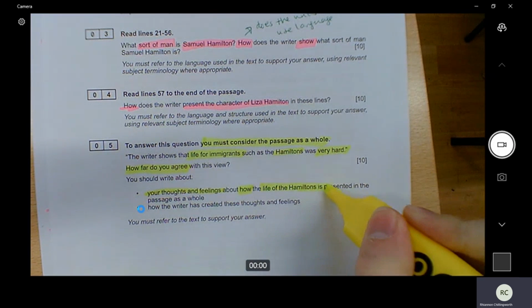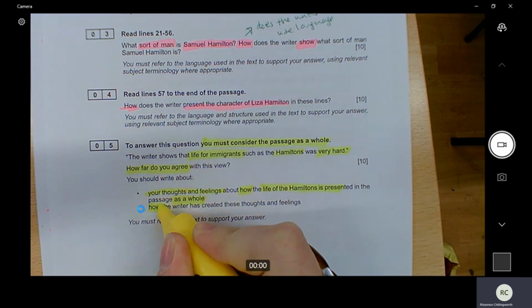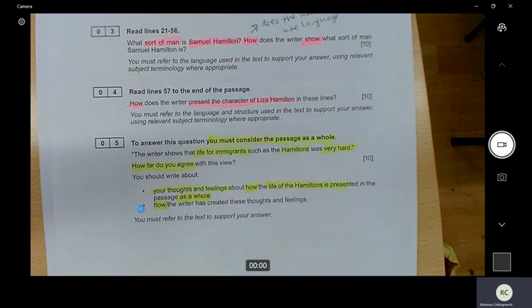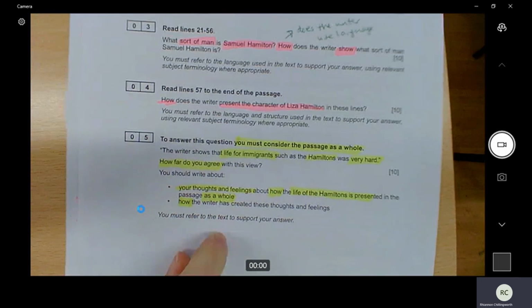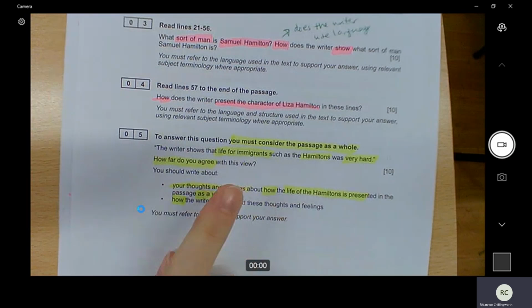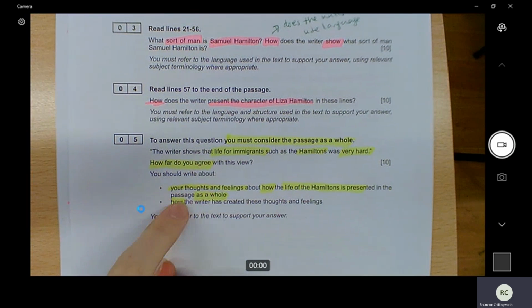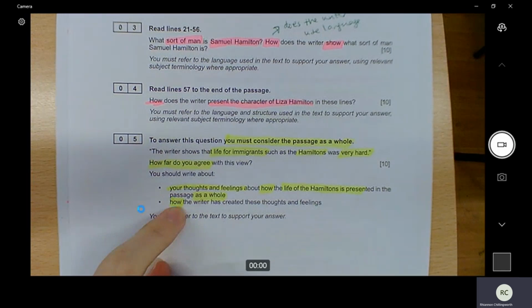The life of the Hamiltons is presented in the passage as a whole, how the writer has created these thoughts and feelings. So we're being reminded there. What do you think and feel about how the life of the Hamiltons is presented? How is it presented as very hard? And again, how does the writer use language to show this to you?